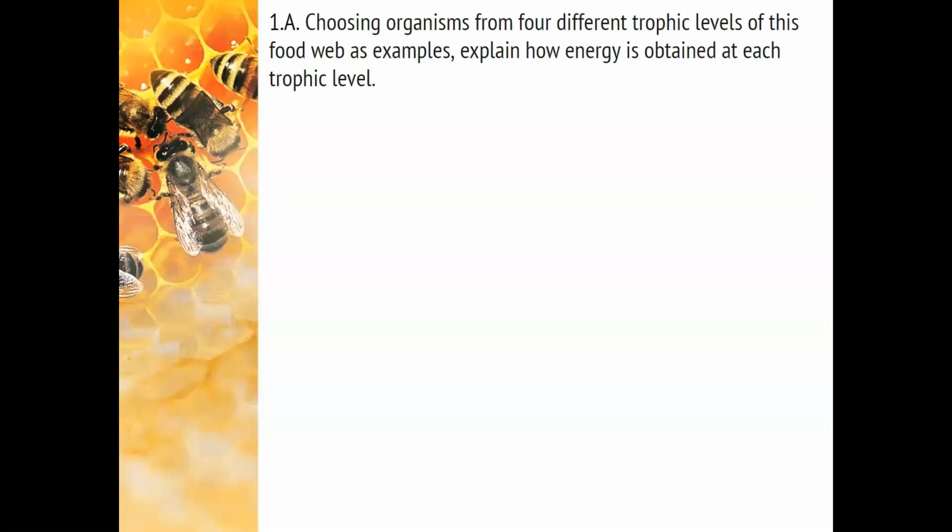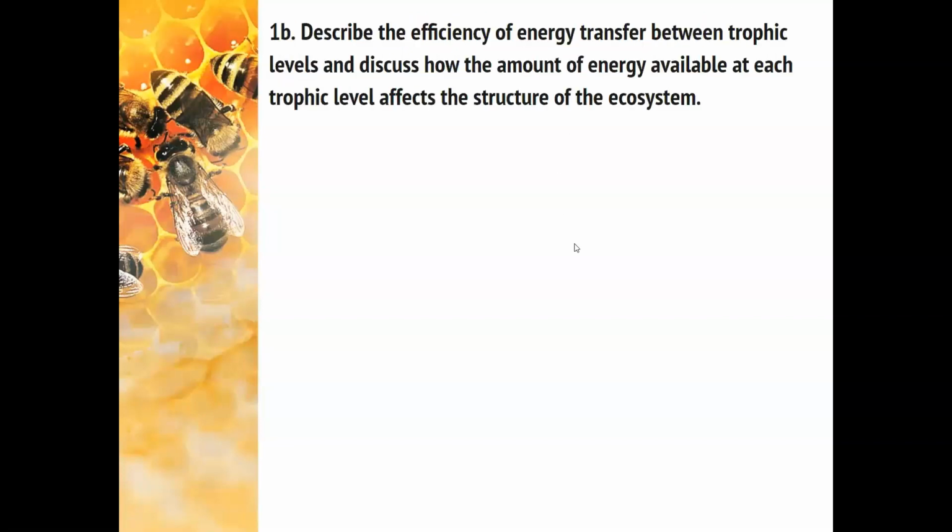So you would talk about energy from the sun being used with photosynthesis to make the carbohydrates, and then the next level would obtain energy through heterotrophic nutrition. They would eat or consume the level below, basically. And then the efficiency, so this is your 10% rule. So you wanted to talk about 10% of the energy being passed on.